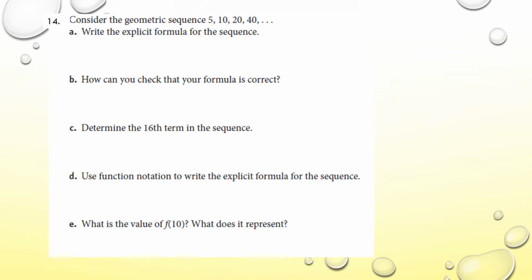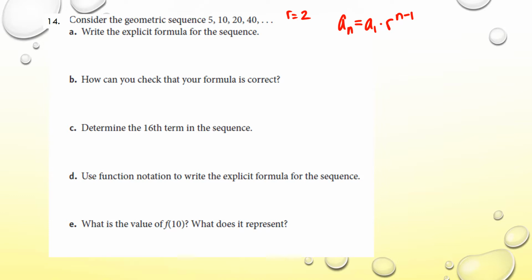Okay, so we're supposed to consider this geometric sequence, 5, 10, 20, 40, and write the explicit formula for the sequence. So hopefully we can tell that the common ratio is 2, and if we remember the generic version, the nth term will be a sub 1 times the ratio to 1 power less than the term we're looking for, our term number minus 1.